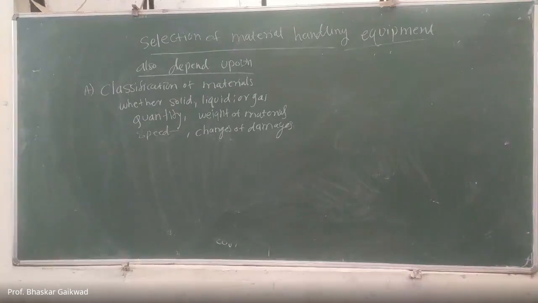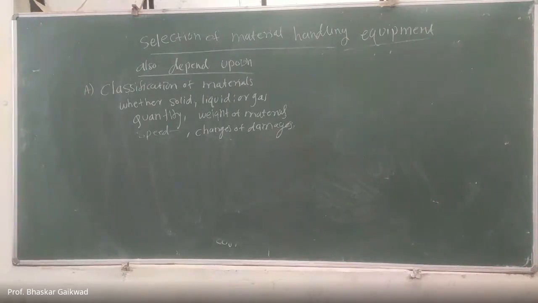Speed, the tons per hour. Sugar cane crushing capacity is always mentioned in tons per hour, 125 tons per hour. So here the speed may be maximum, minimum or variable.